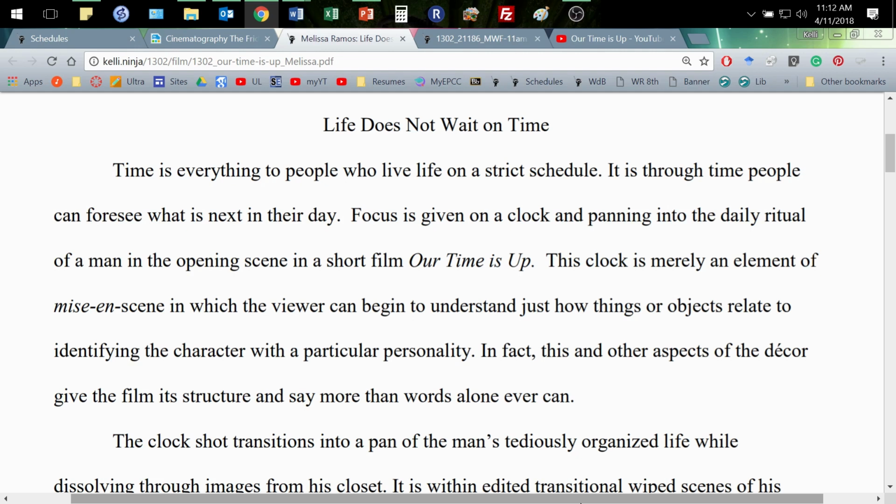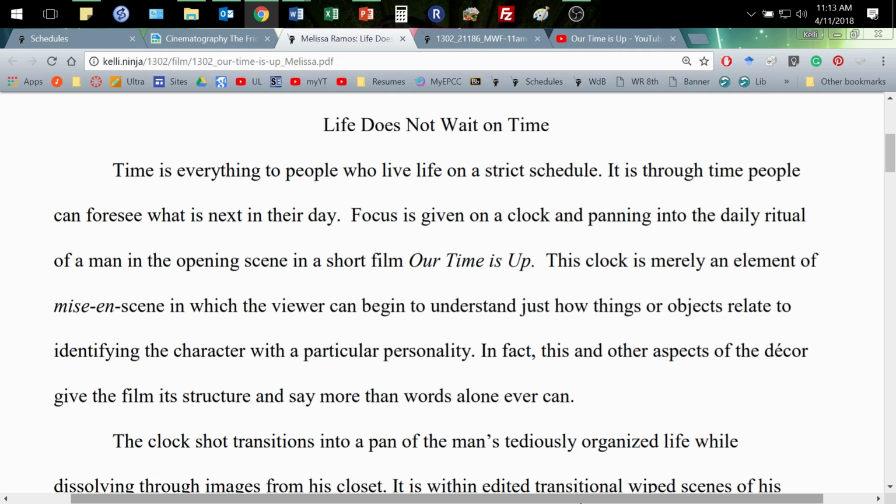All right, so she gives us, look, here's what happens. This clock is merely an element of mise-en-scene, and this goes in italics because it's a foreign language, that's French. Be all fancy, we write in a foreign language, put it in italics.